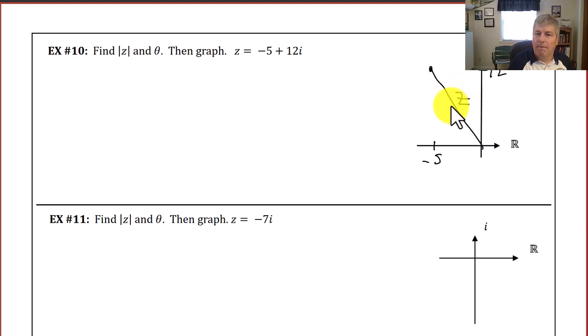And we have a triangle like that, so there's our theta. So you might know that this is a 5, 12, 13 right triangle.